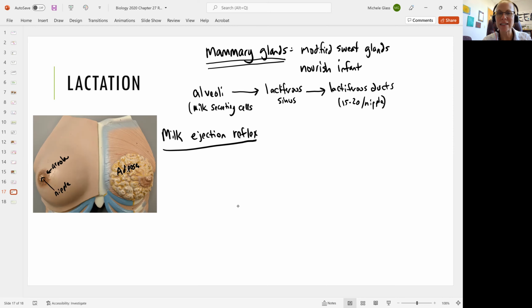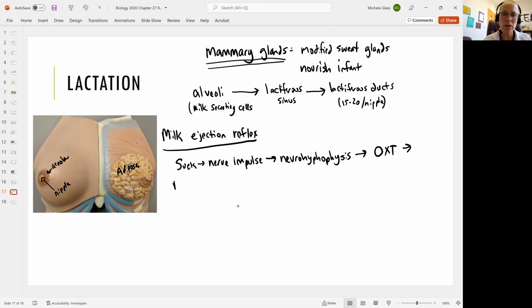What we see here is a positive feedback mechanism where the infant will suck on the nipple. That is going to trigger a nerve impulse. The nerve impulse is sent to the neurohypophysis, which is going to release the hormone oxytocin, which we can abbreviate OXT.